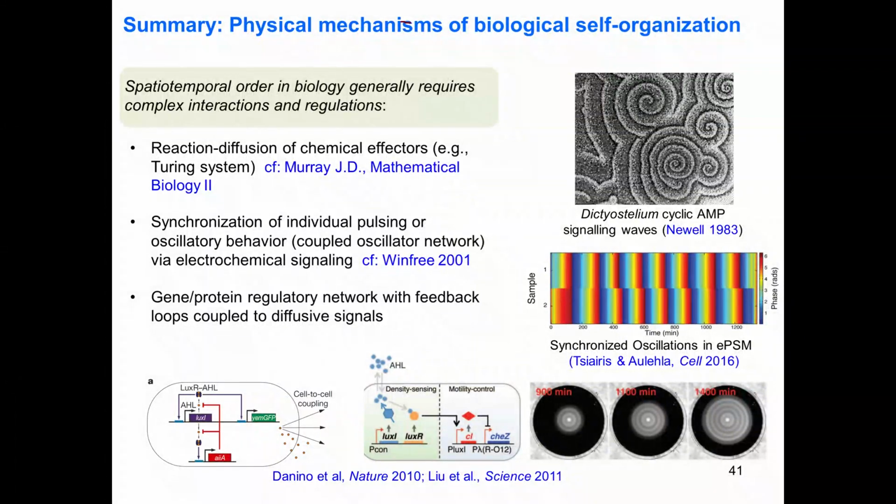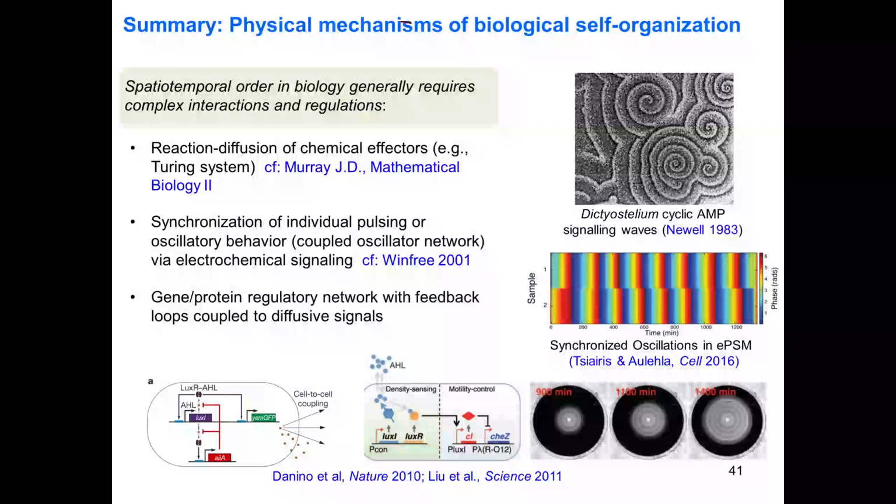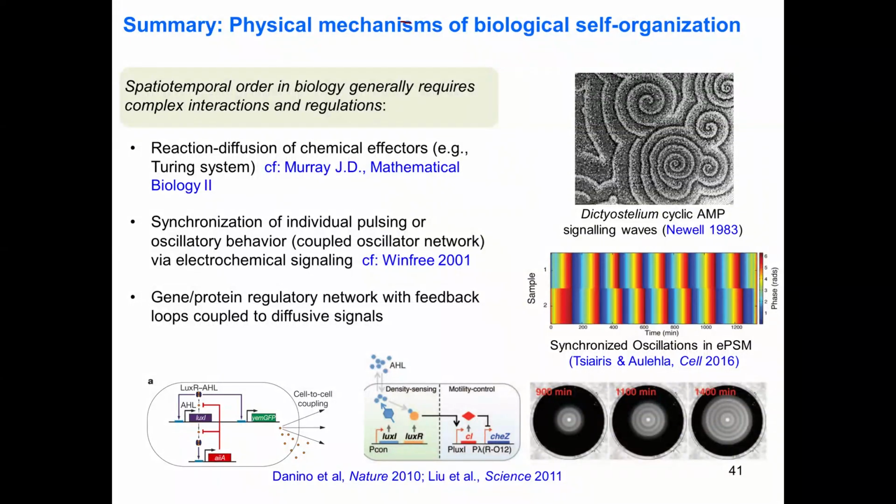In general, the formation of large-scale spatial temporal order structures will require complex biochemical regulations or genetic regulations, such as by the mechanisms listed here.